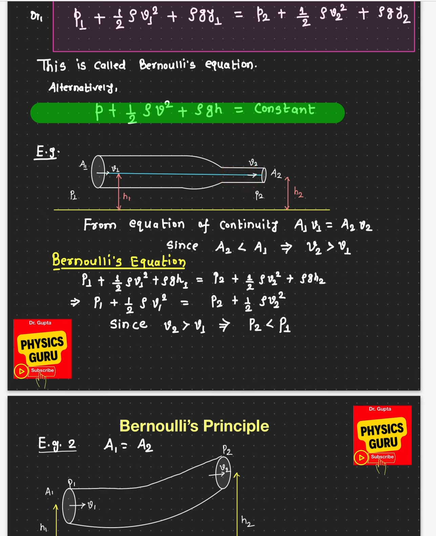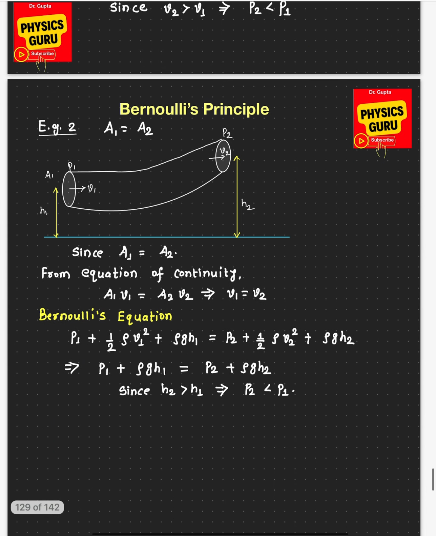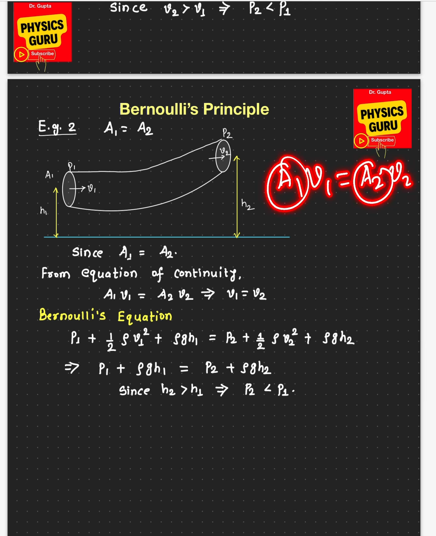Let me give you another example. In this case, what we have assumed is that the cross-sectional area does not change, but the height is changing. If you recall the equation of continuity, A1 V1 is equal to A2 V2. The cross-sectional area does not change, so the velocity at this point must be equal to the velocity of the fluid at point 2.